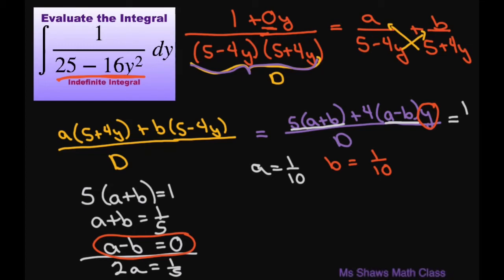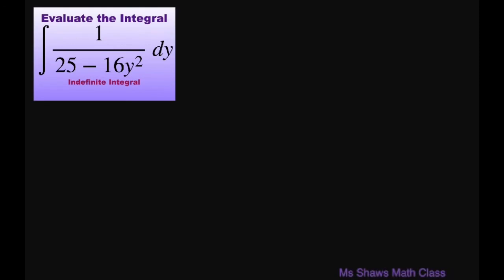All right, now I can rewrite my integrand as 1/10 divided by 5 minus 4y plus 1/10 divided by 5 plus 4y. So that's what we're going to do. We have the integral of 1/10.